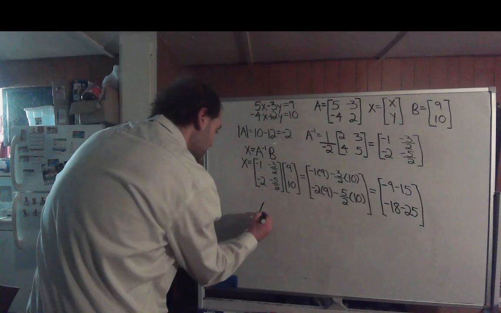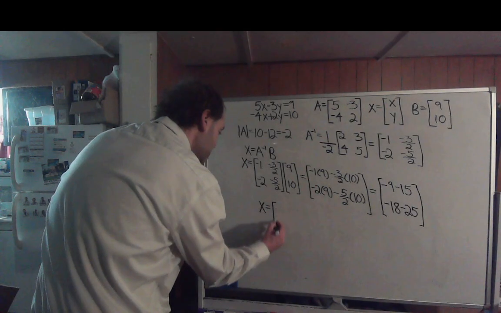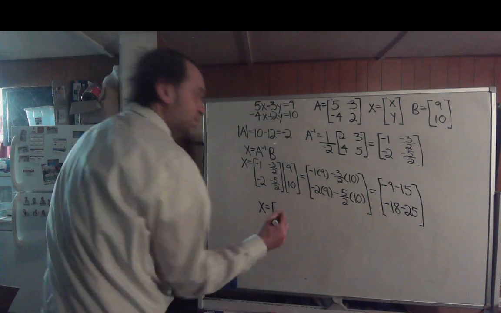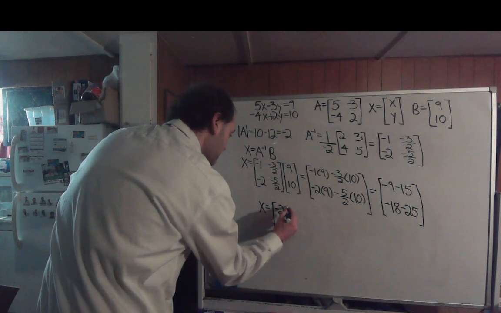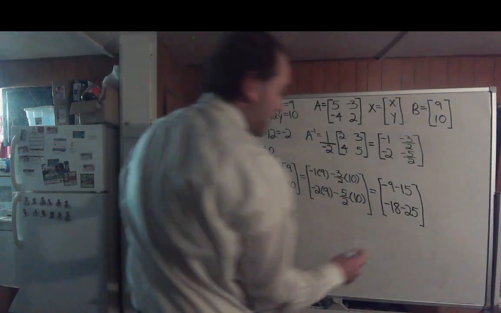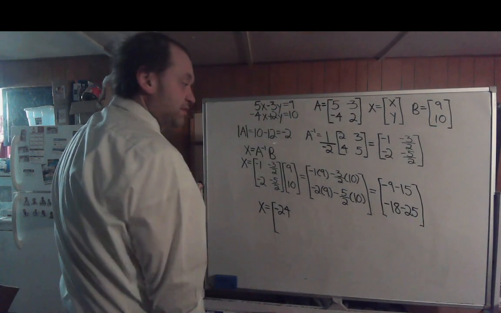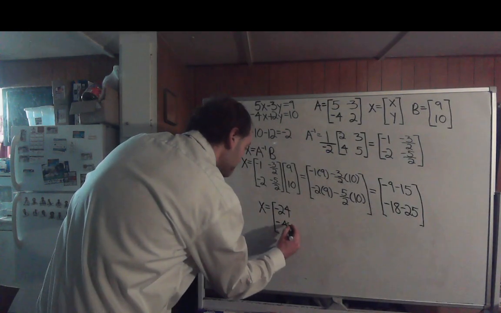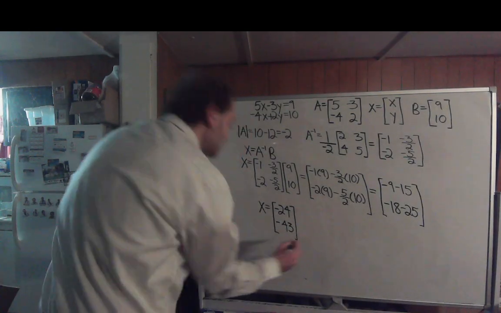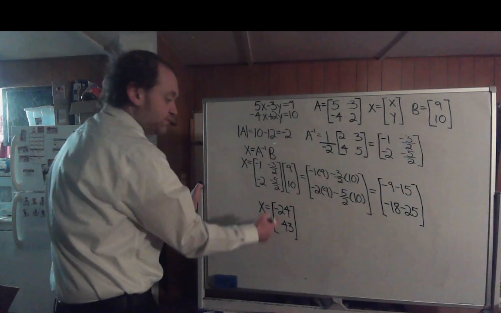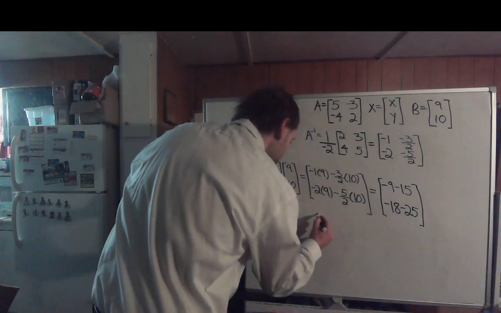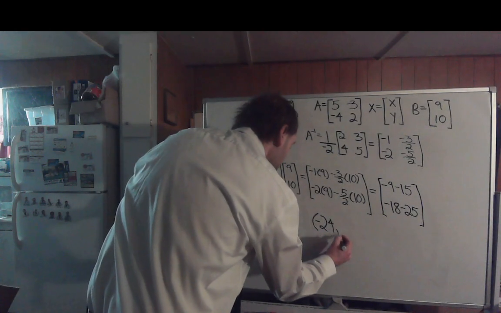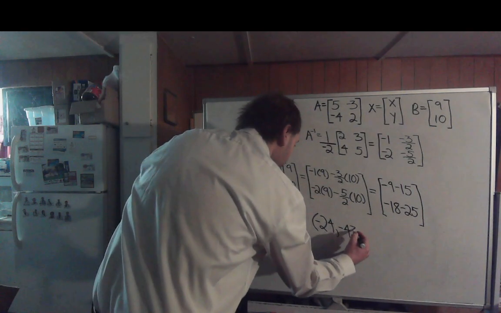So that means X is going to have a 2 by 1 matrix with a solution of negative 9 minus 15 is negative 24. And then you have negative 18 minus 25. That's going to be negative 43. So you have negative 24, negative 43. So that means the ordered pair that's your solution is negative 24, negative 43.